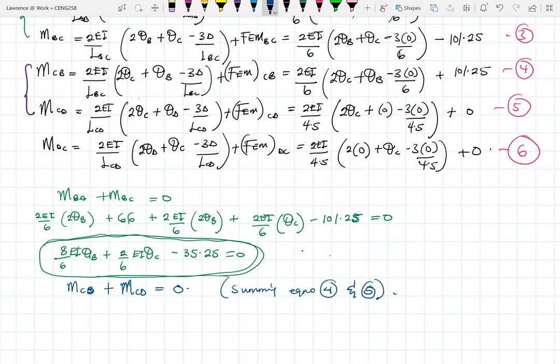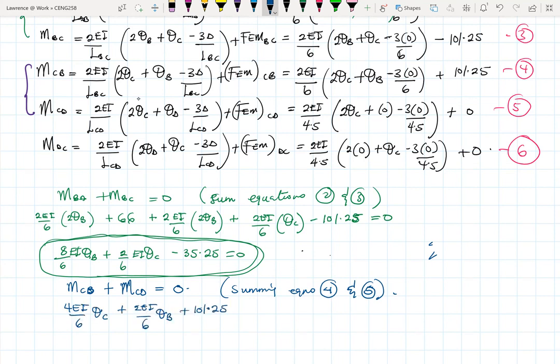In the first case, I summed up equations. So let's continue. If we do it that way, MCB is what? We have 2EI over 6 theta B plus 101.25, then theta C. This goes to 0, so we don't need to bring it in. Then for the other side, 4EI, and all of this is equal to 0.